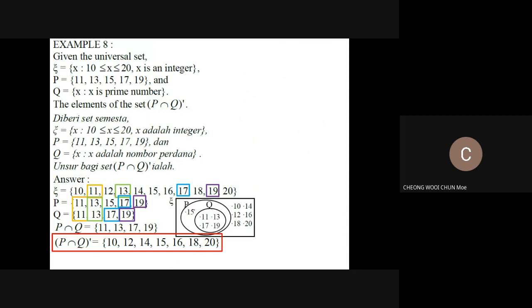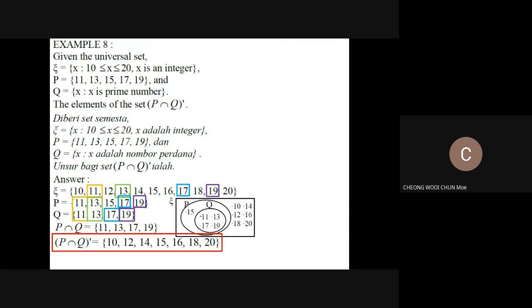P and Q touch together is 11, 13, 17, 19. Left only in P is 15. So the rest not inside is 10, 12, 14, 16, 18, 20. Then P intersect Q is here.